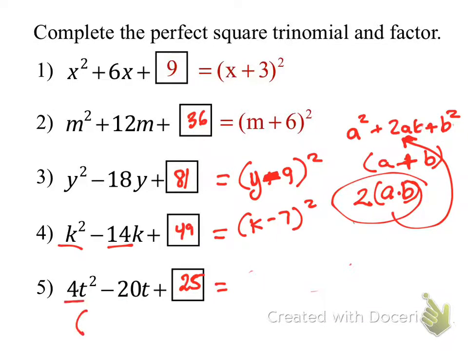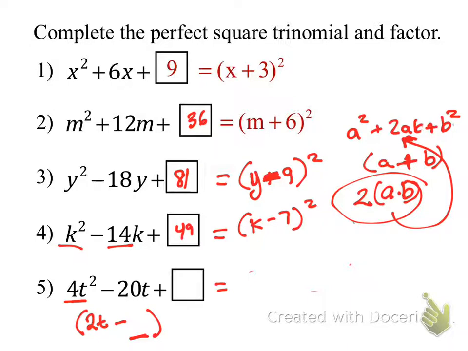What's the root of this, Sadie? 2t. Now, the thing is we know that it's a minus, right? It's got to be a minus. But I don't know what goes here. And I don't know what goes here.